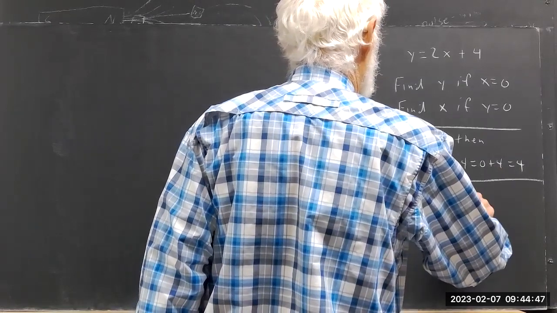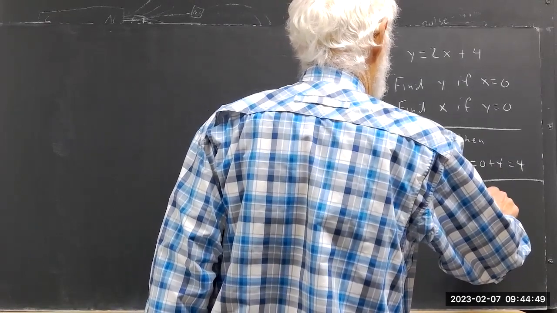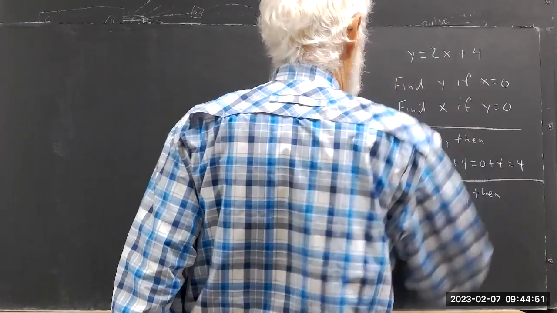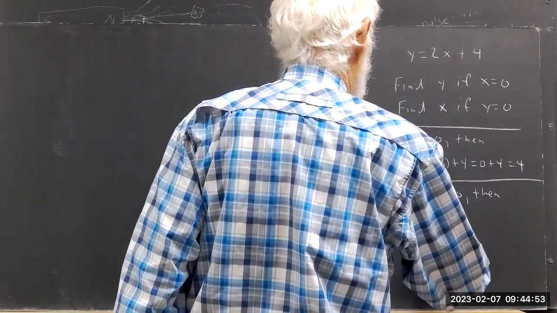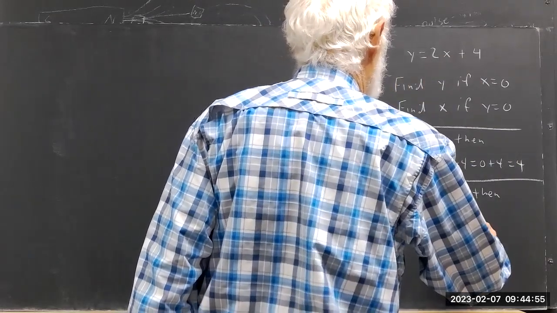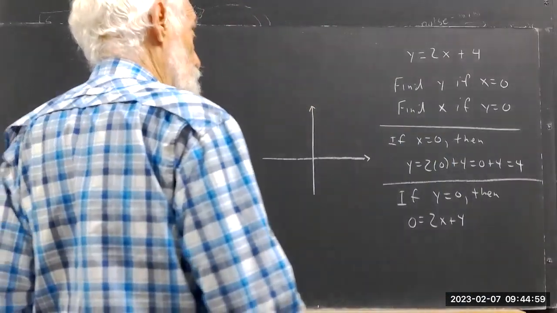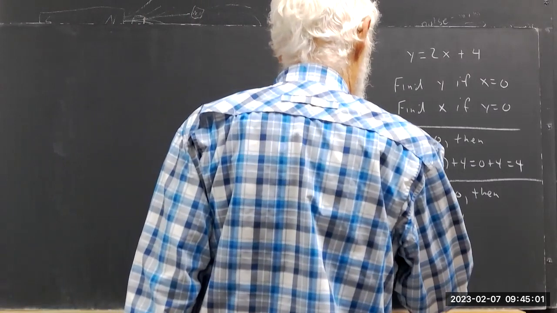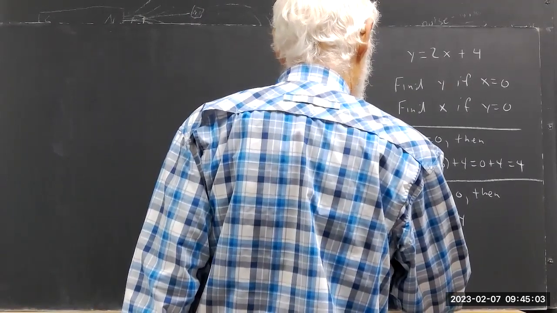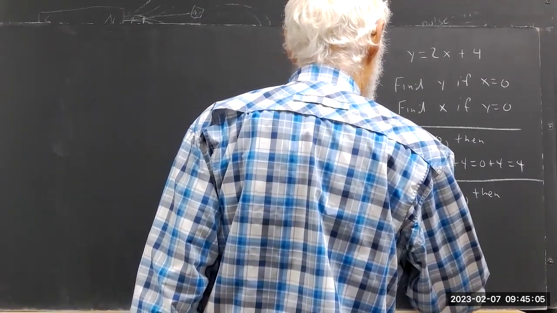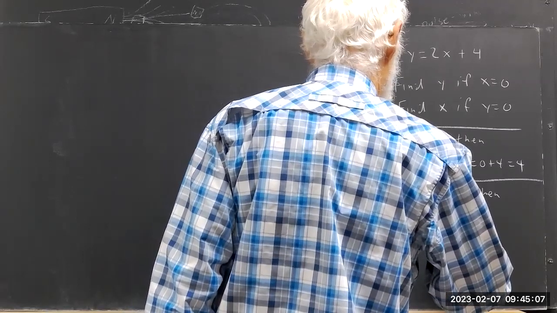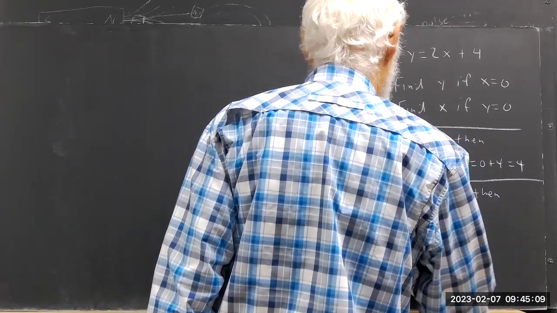So, okay, logically, if y equals 0, then if this equation is true, we get 0 equals 2x plus 4, right? And subtract 4 from both sides. I'm going to write it this way: 0 minus 4 equals 2x plus 4 minus 4.